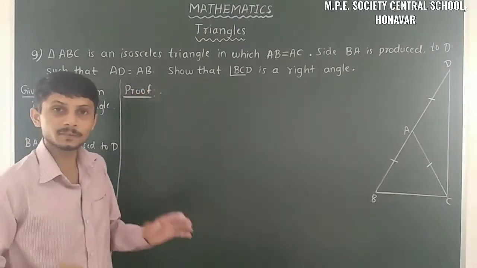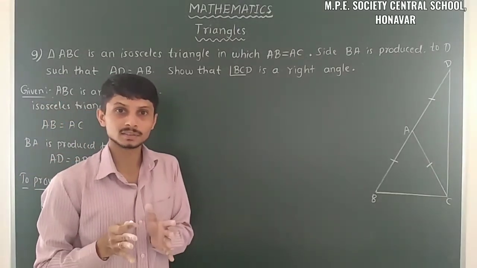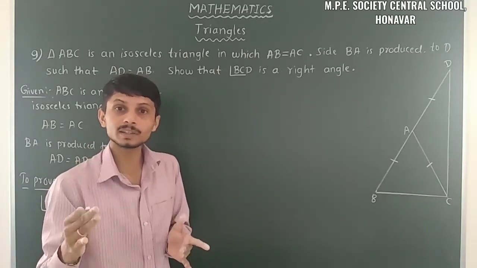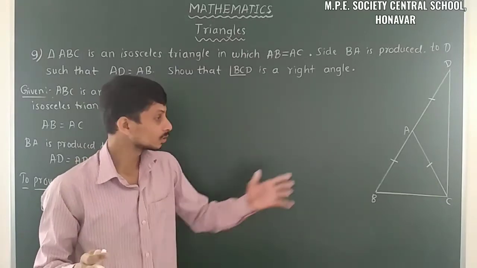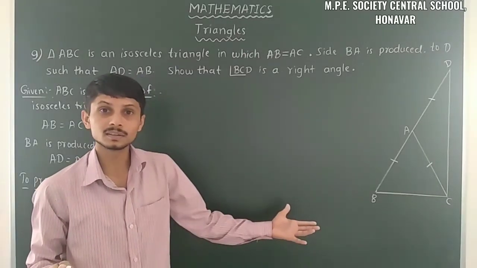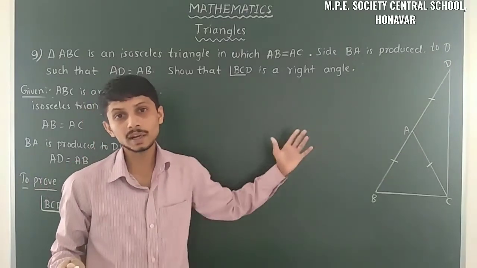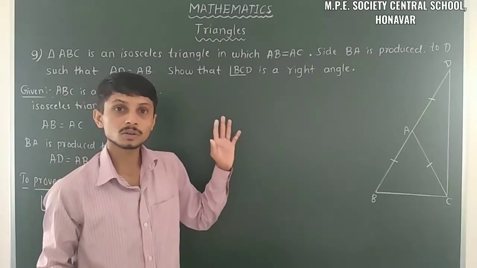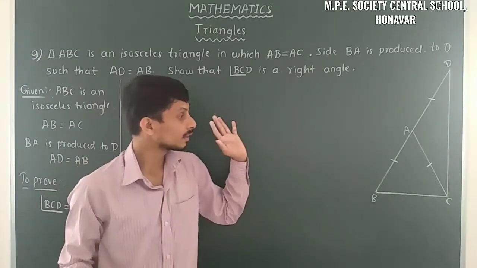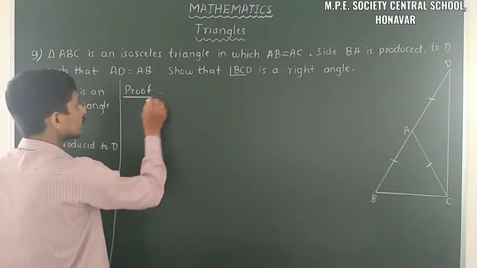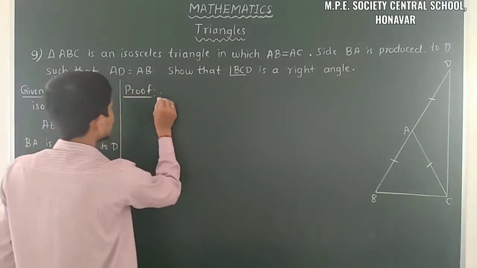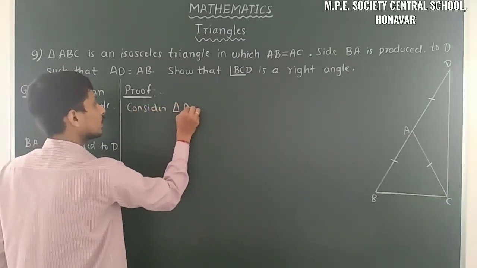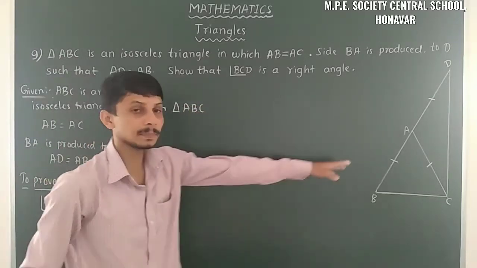When we insert the equalities, we use theorem 7.2 and 7.3 and the sum of interior angles of a triangle is 180 degree. Firstly we have to take those two triangles. Firstly I will consider triangle ABC. In that we have AB is equal to AC.